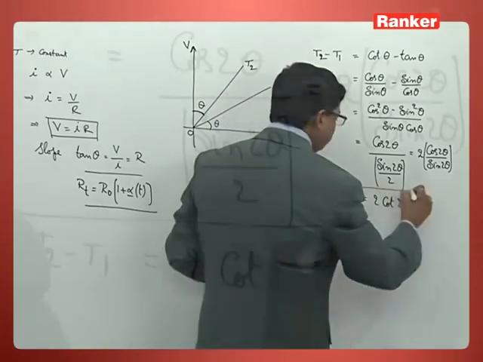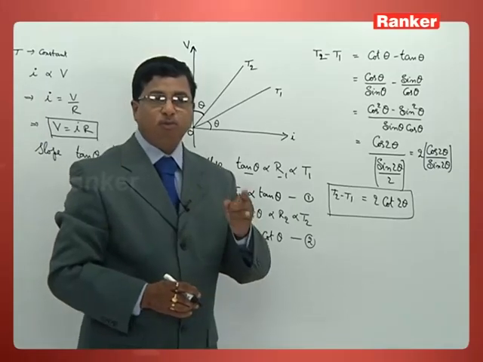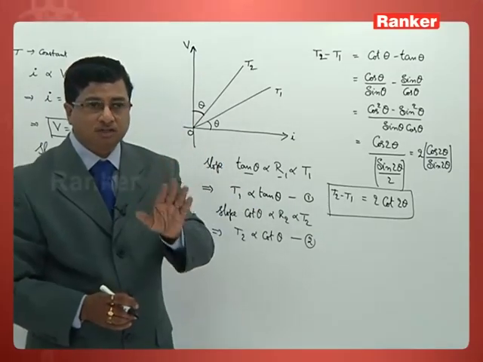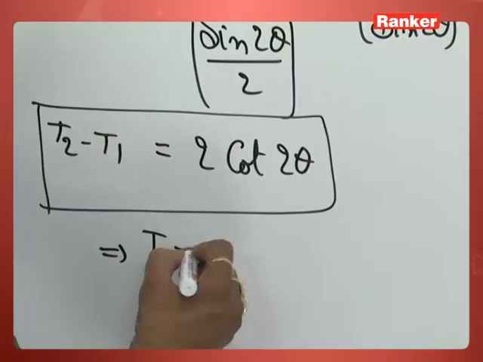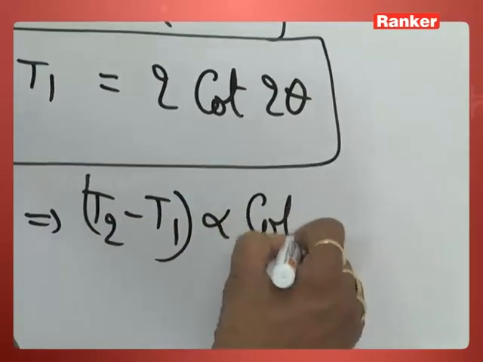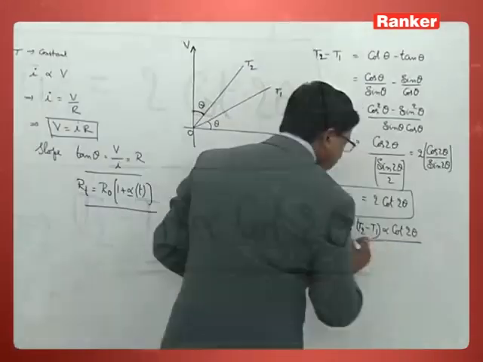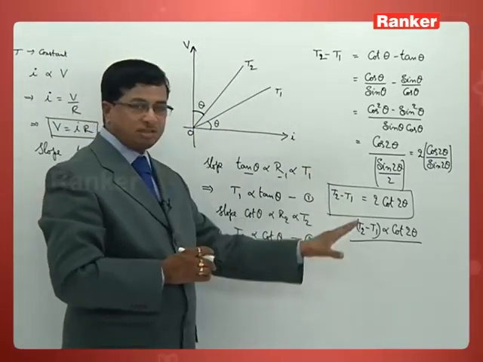But what is his question here? What is T2 minus T1 proportional to? That is the concept. So this implies T2 minus T1 is directly proportional to cot 2 theta. That is the equation.